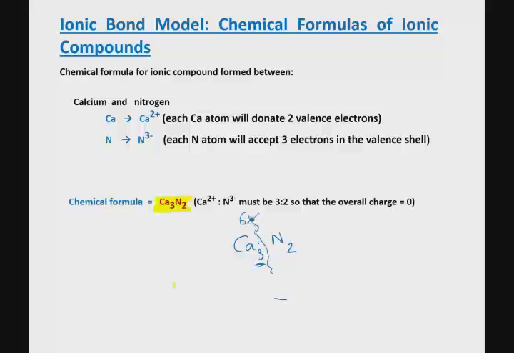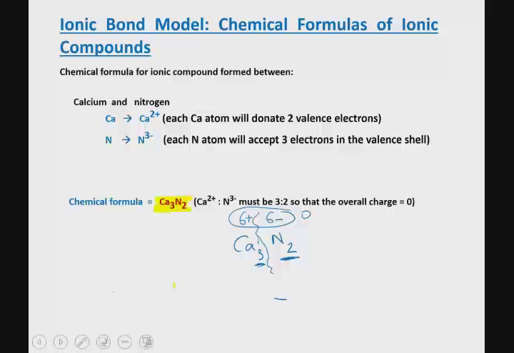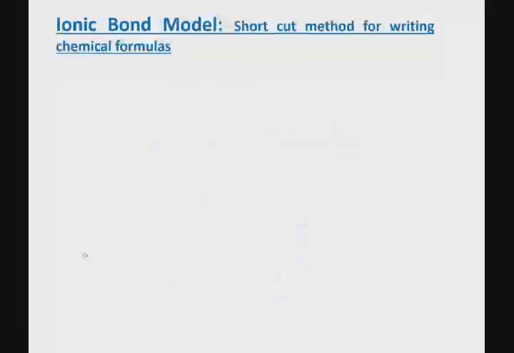Each nitrogen ion has a charge of 3-, but there are 2 of those. So the total negative charge is 6-, and therefore the total overall charge for the formula unit is 0. And that is the important part when you're putting the cations together with anions.